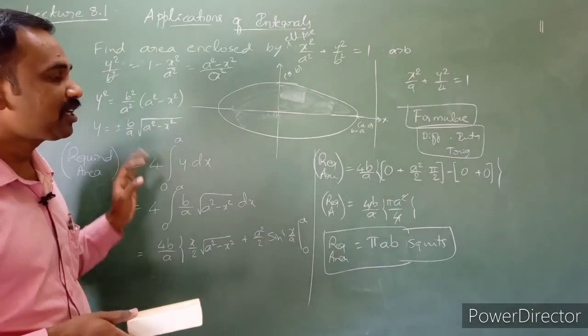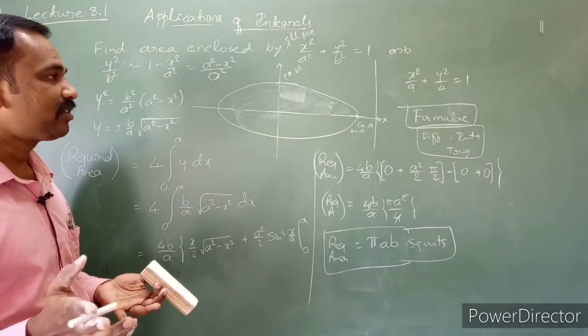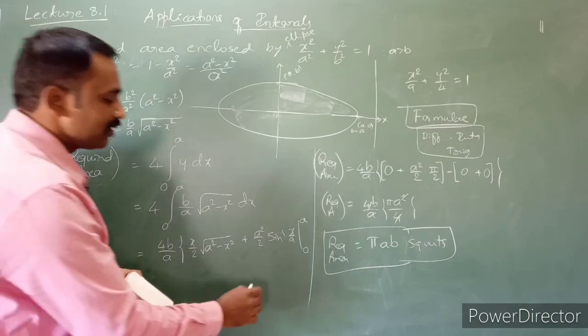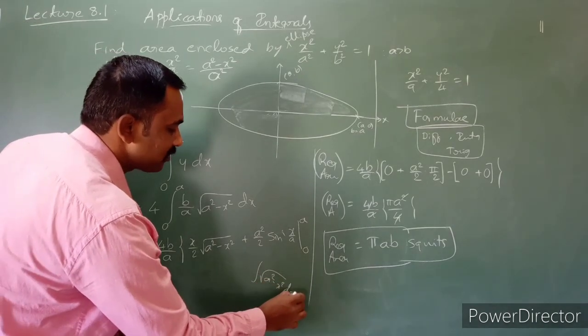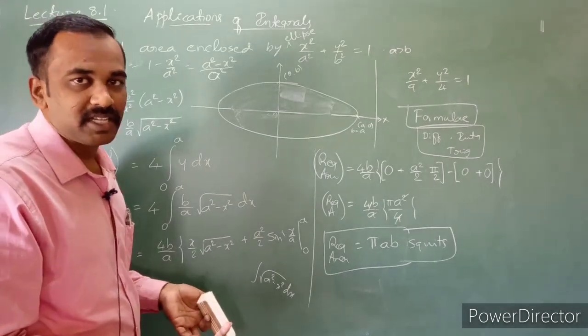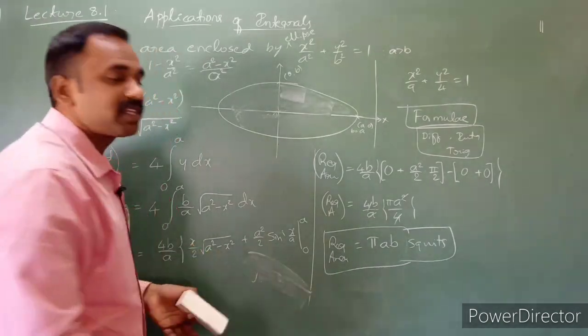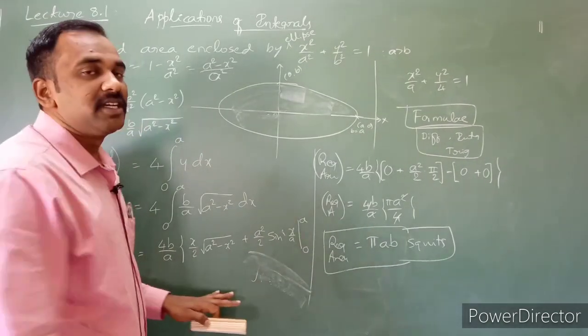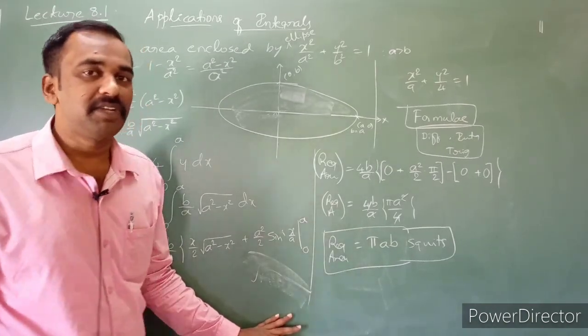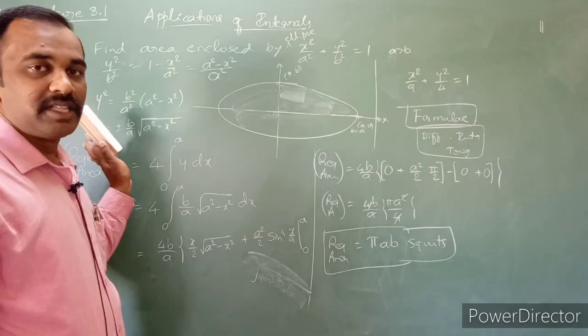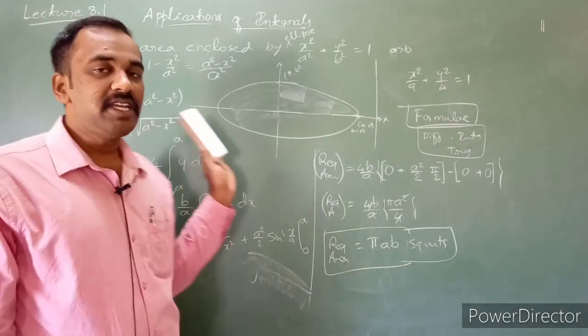In the application of integrals, only one formula is required. What is that one formula? That is the integration of root of a square minus x square. Except this formula, we are not using any other formula in these integrals. Is that clear? So just remember this formula for the application of integrals.